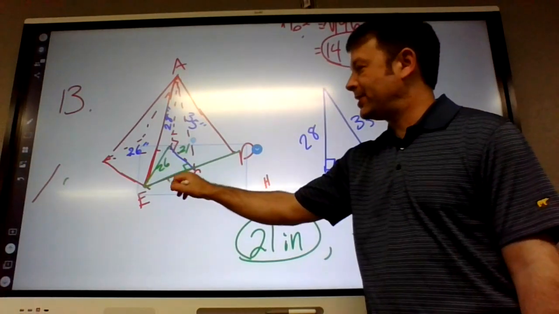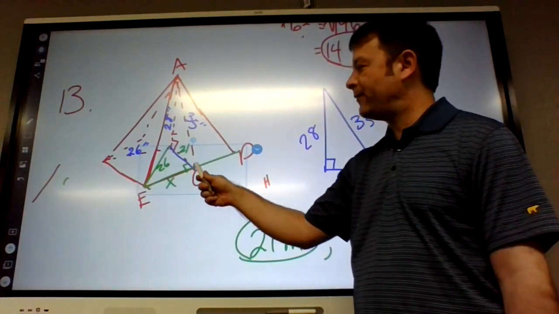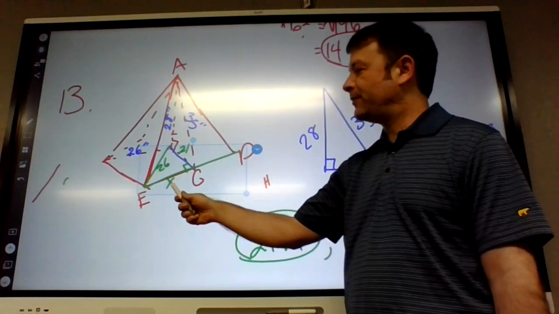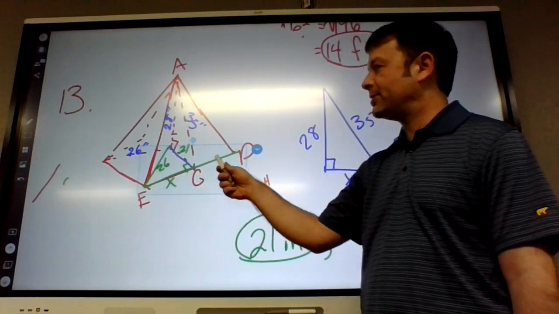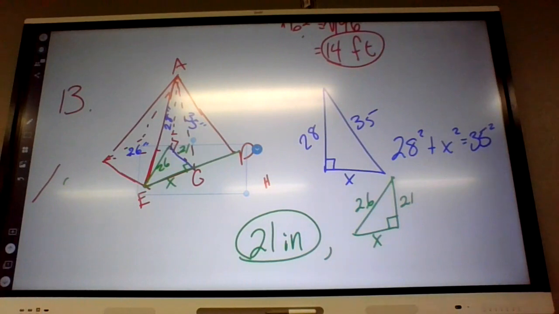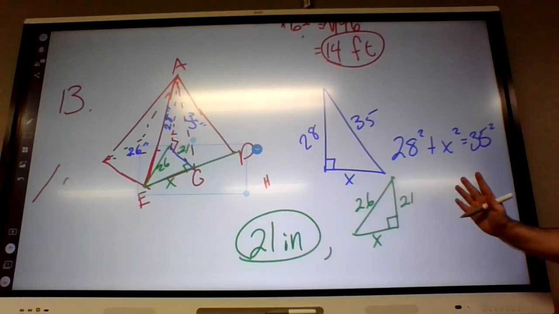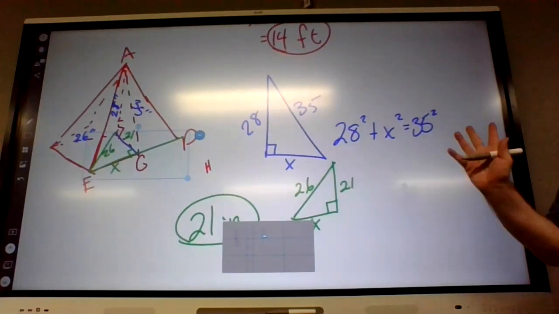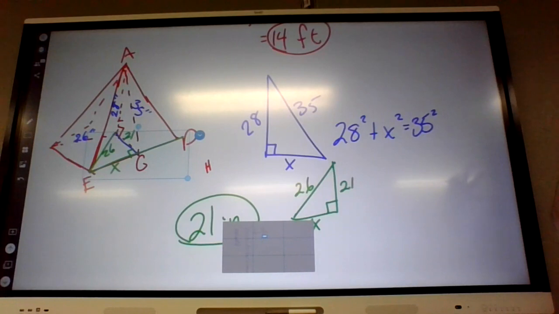Well, what would x tell us? It would tell us half of the edge. So once we find x, we have to multiply that times 2. Somebody help me set this one up. This doesn't come out as nicely as the other one does.